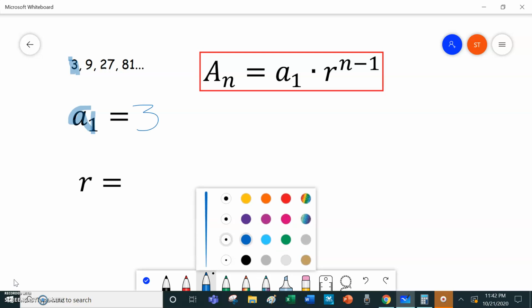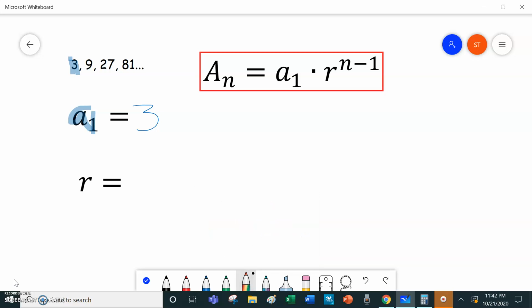Now, my next step is to identify what my common ratio is. So I'm not adding because 3 plus 6 is 9, but 9 plus 6 is not 27. So I'm thinking about multiplication here.